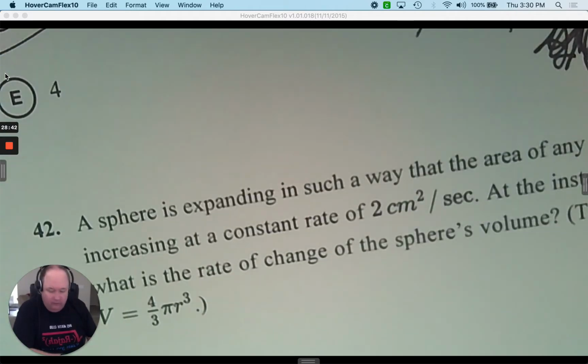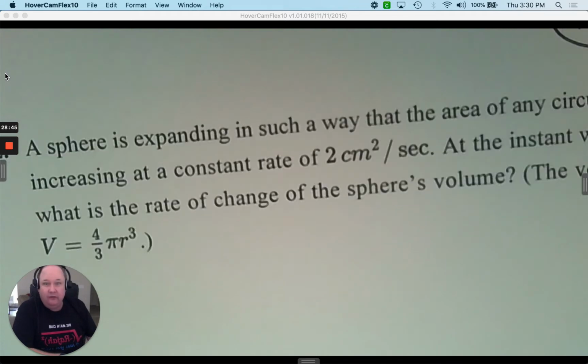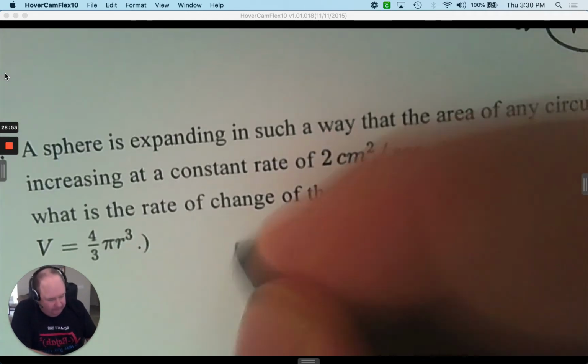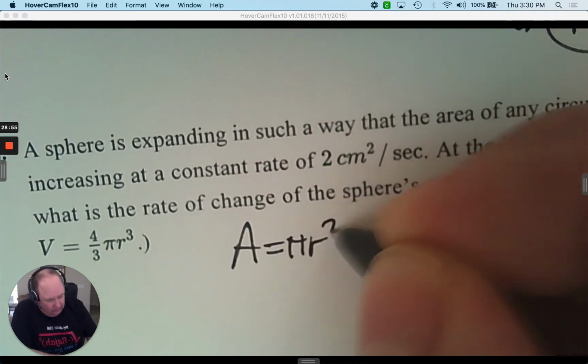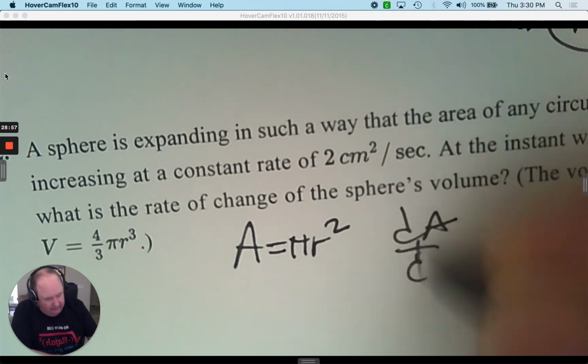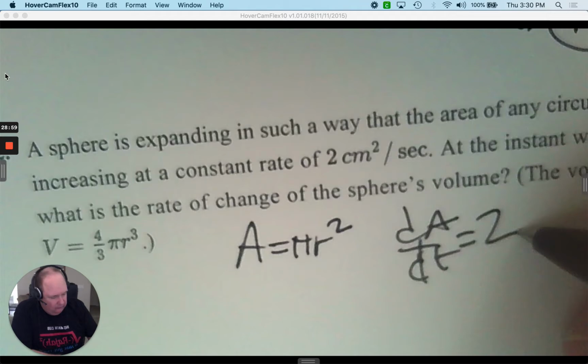Number 42. A sphere is expanding in such a way that the area of any circular cross section through the sphere's center is increasing at a constant rate. So the area of a circle, and dA/dt is 2.